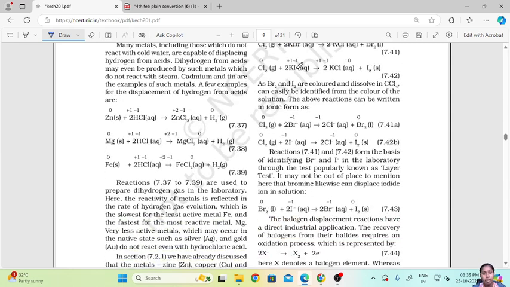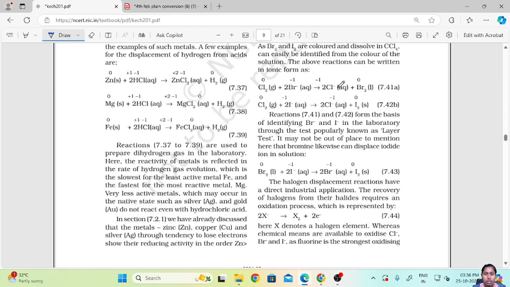Now, as bromine and iodine are colored and dissolve in CCl4, they can easily be identified from the color of the solution. Bromine is brown in color, iodine is yellowish orange. So when you dissolve them in CCl4, you can easily identify the color of the solution.